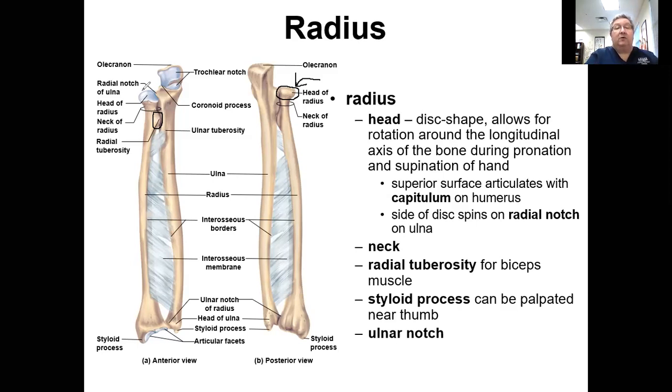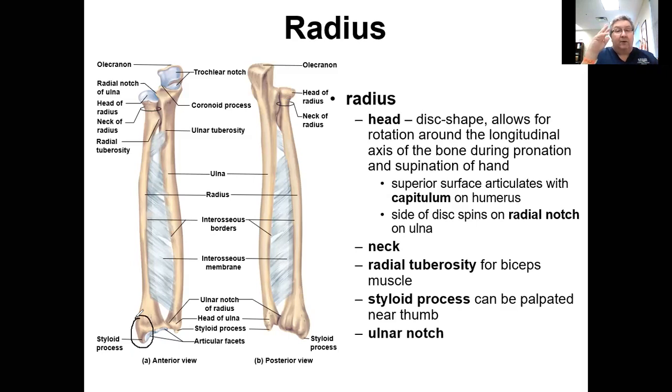Okay? So again, for the radius, you'll need to understand the radial head, the radial tuberosity, and on the distal side, the radial styloid process. If you get confused about which bone is which, the bone on the thumb side is the radius.